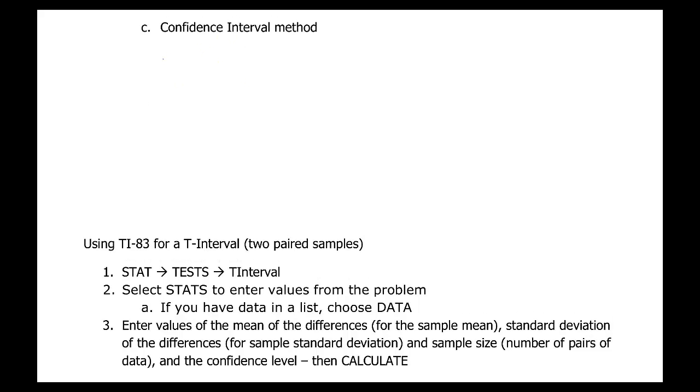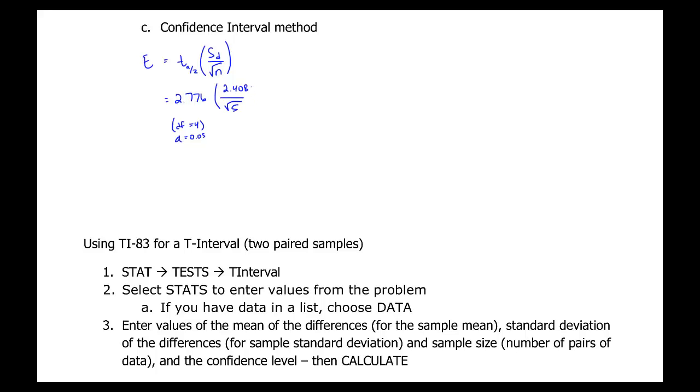So for a confidence interval, we need a critical value of t, which would be 2.776 from the table, where degrees of freedom equals 4, and alpha is 0.05. Standard deviation of the differences was 2.408.